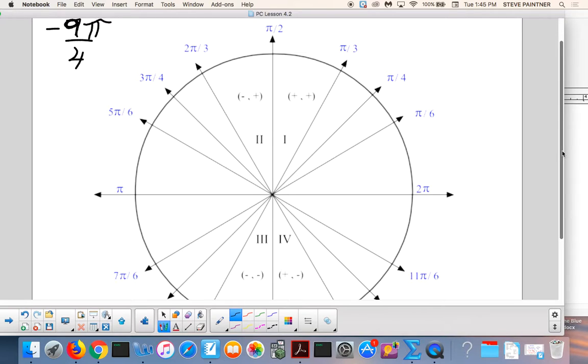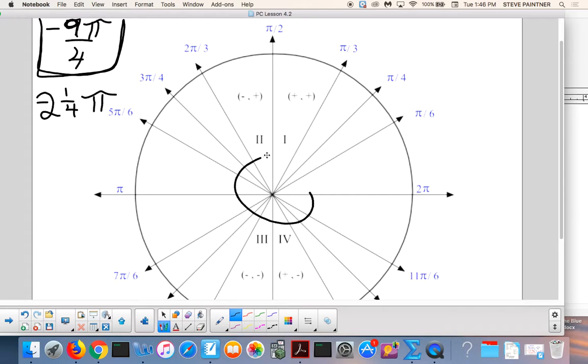Oh. Okay. Well, guys, do you guys realize that this is really just, turn that into a mixed number. That's just negative 2 and 1 fourth pi, right? What's negative 2 pi look like? One circle. Boom. That's negative 2 pi.